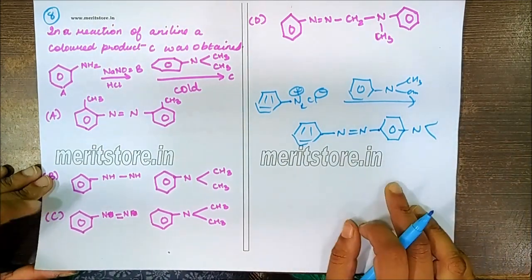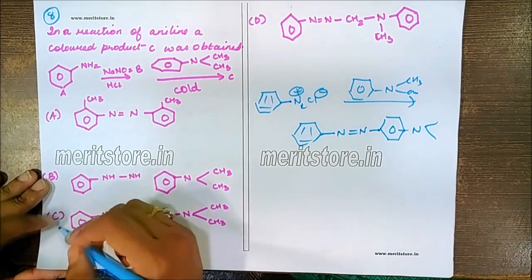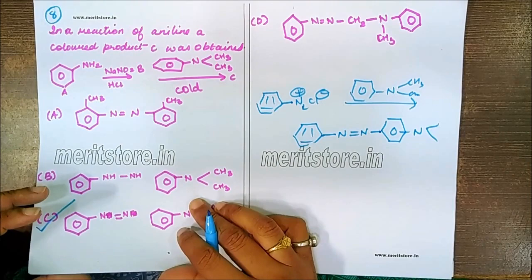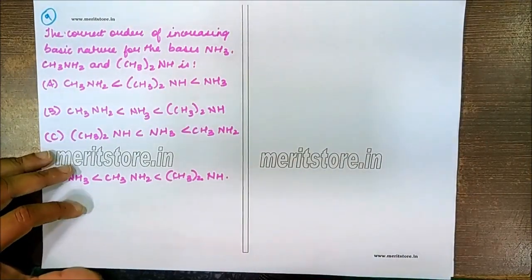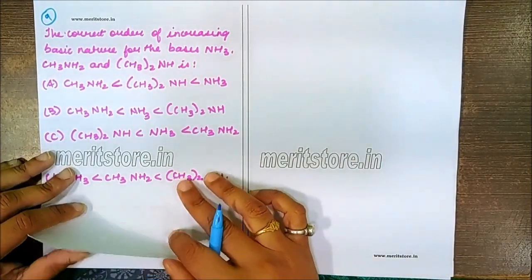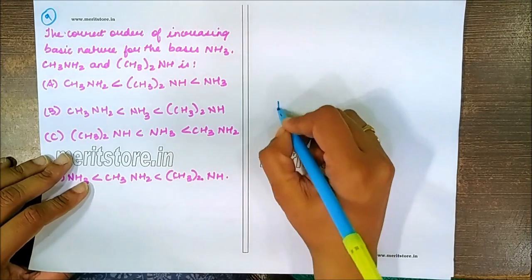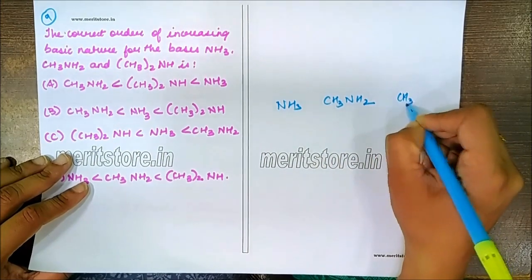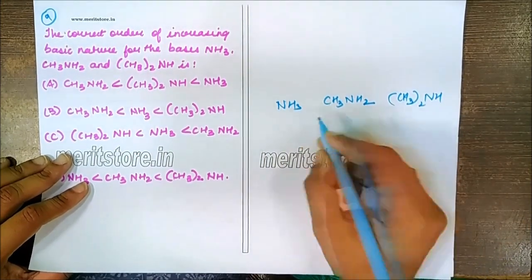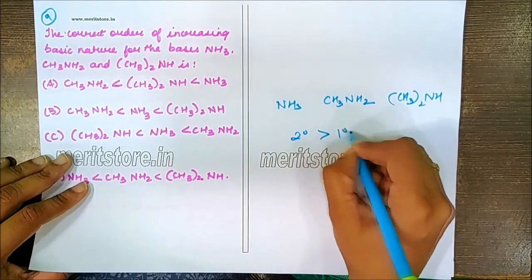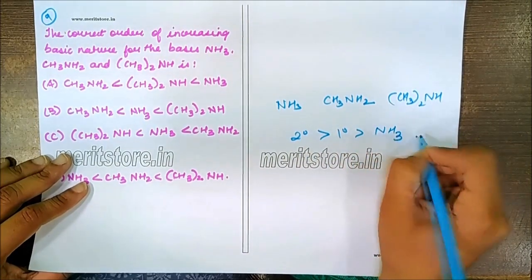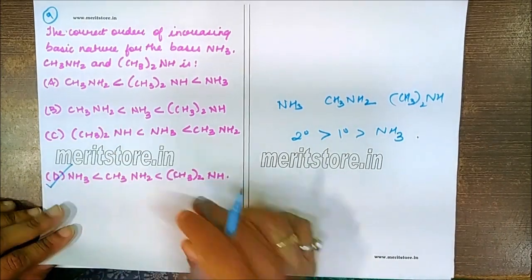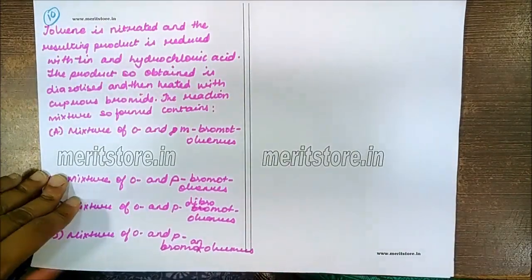Hence, if you find according to this, the option is C. Next is the correct order of increasing basic nature for the amine. There is ammonia, CH3NH2, that's a primary amine, and (CH3)2NH. In this case, the secondary amine is more basic than primary and then ammonia. So according to this order, the option D is the correct answer.